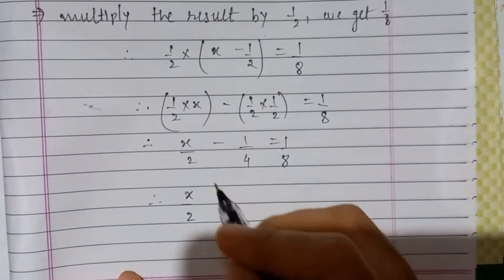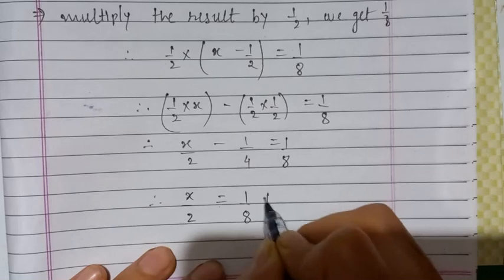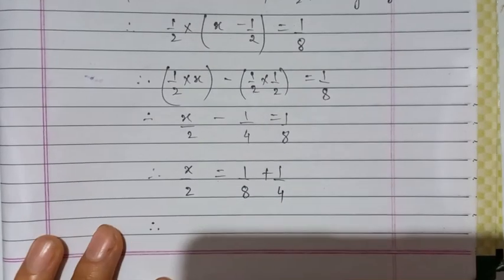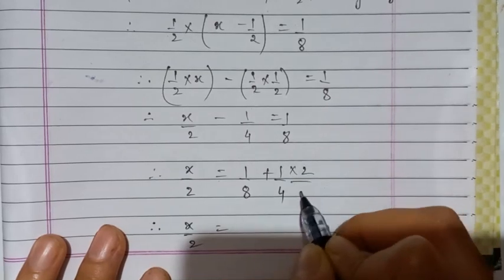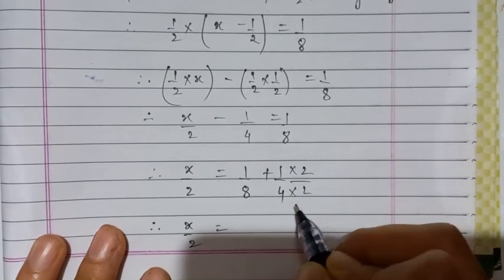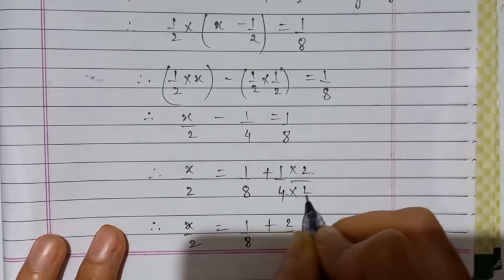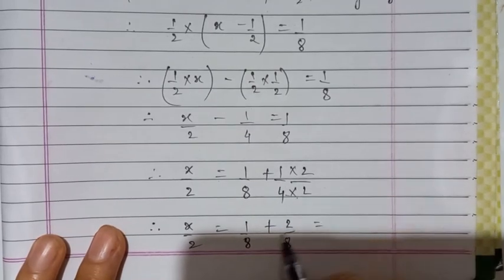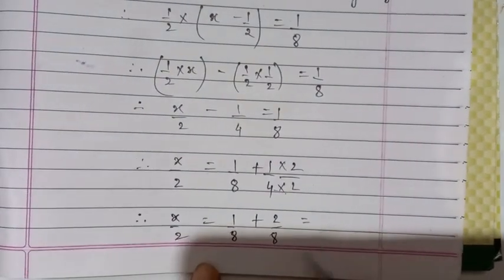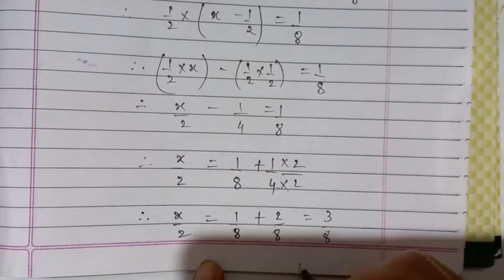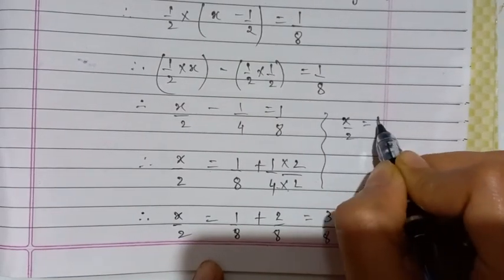Now transpose this term to the right side: 1 by 8 plus 1 by 4. So make the denominators equal. For that we multiply by 2 at numerator and denominator. So this is 1 by 8 plus 2 into 2, 2, 4 into 2, 8. Now our denominators are the same. So 2 plus 1 is 3, 3 by 8. So x by 2 is equal to 3 by 8.